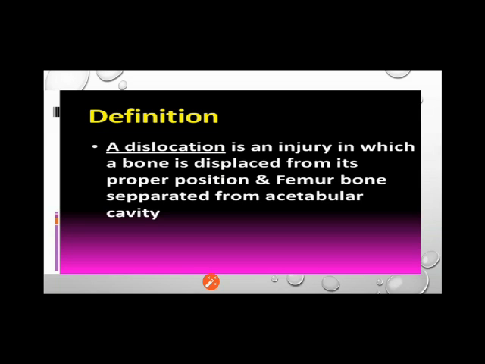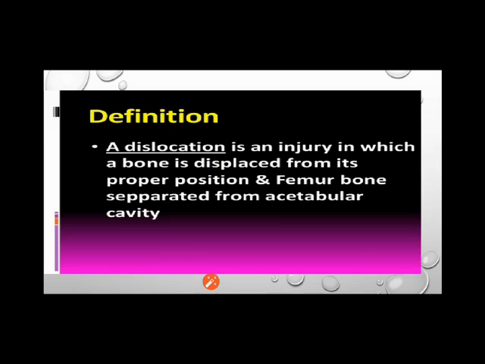When we extend our elbow, the degree between the upper part of the arm and the lower part of the arm will be increased. So this is extension.